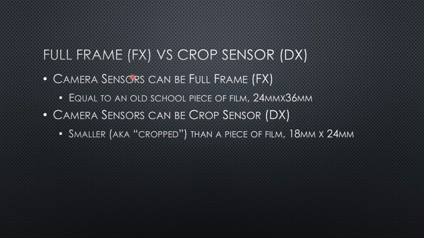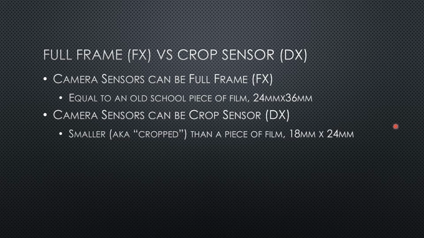So what's important to note here is that camera sensors can be either full frame or crop sensor. And you'll hear that language consistently as you're looking at or talking to photographers about their work, whether you're using a full frame camera or a crop sensor camera. As you would expect, a crop sensor camera, being that it has a smaller sensor, will tend to be significantly less expensive. So if you look at entry-level digital SLR cameras, they will typically be your crop sensored cameras.